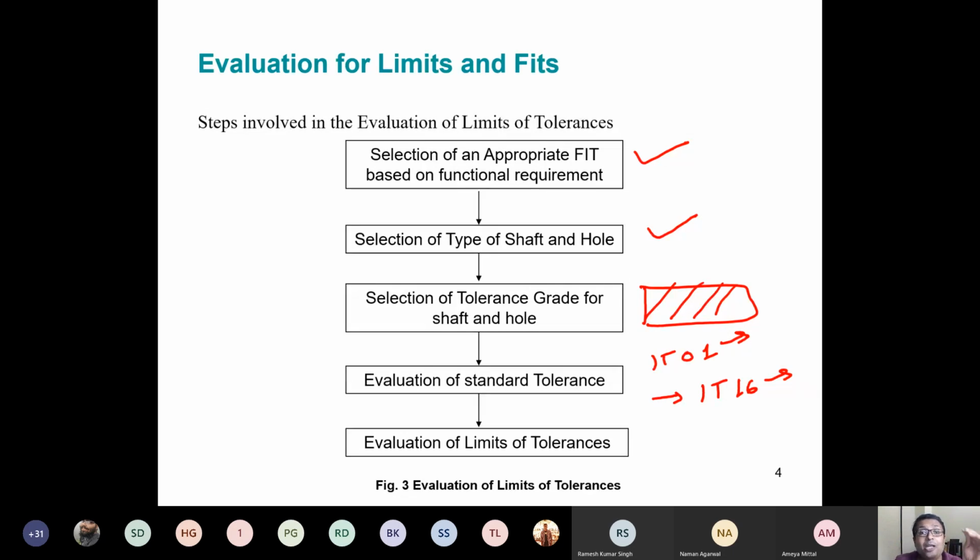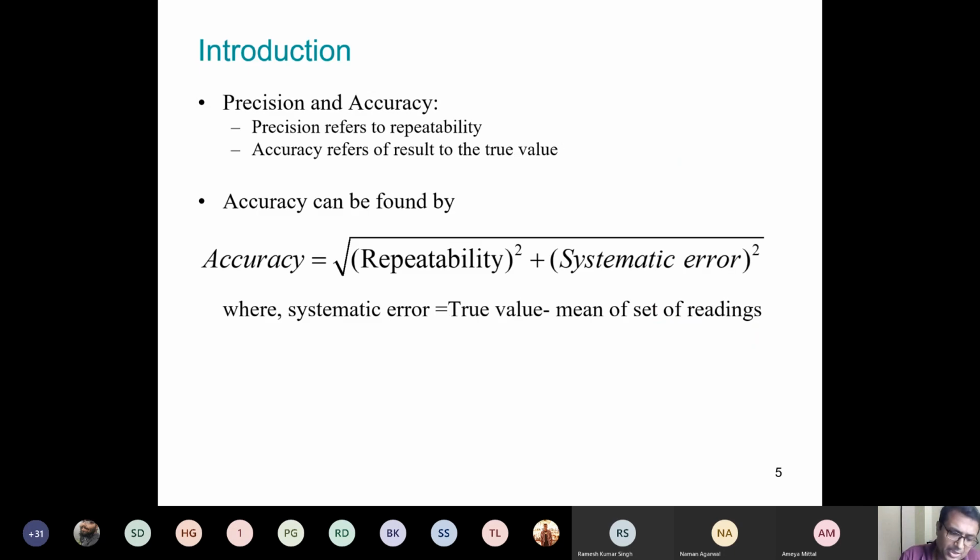At some time, you also need to make gauges to measure something. Those gauges have to be extremely tight tolerance, because they are a metrology device. And then you find out the limits of tolerances. So this is the flow chart, and I will do some problems to show you how to use that method. There are two concepts which all of you would know.